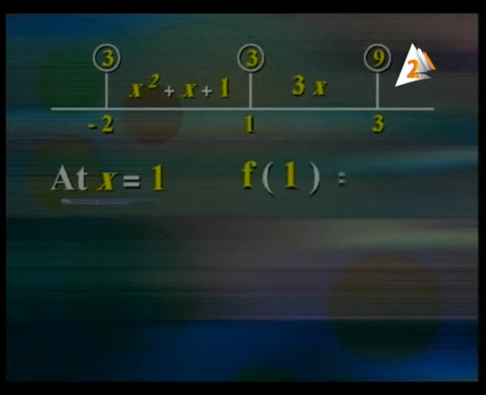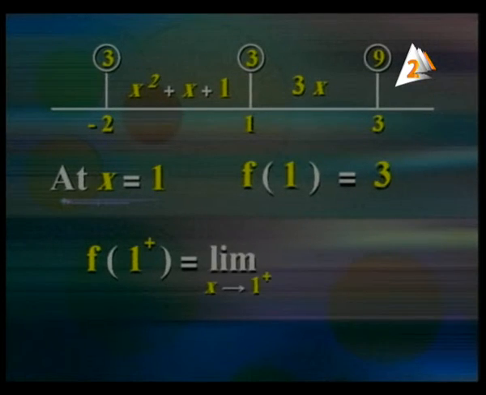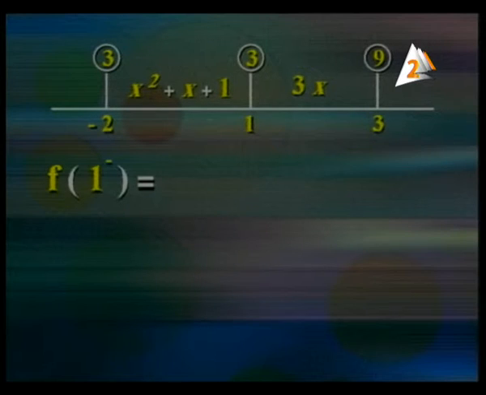At x equals 1, f of 1 equals 3. For f of 1 positive, we substitute into 3x: 3 times 1 equals 3. When we find f of 1 negative, we substitute into the function x squared plus x plus 1.